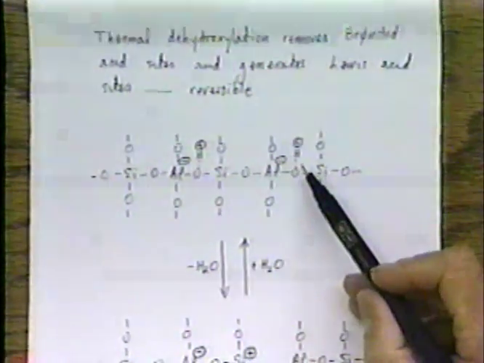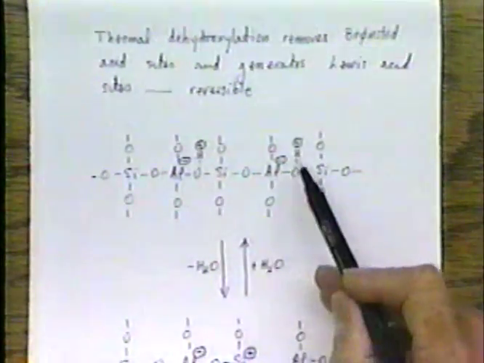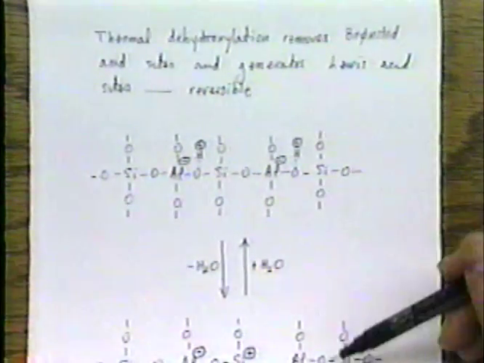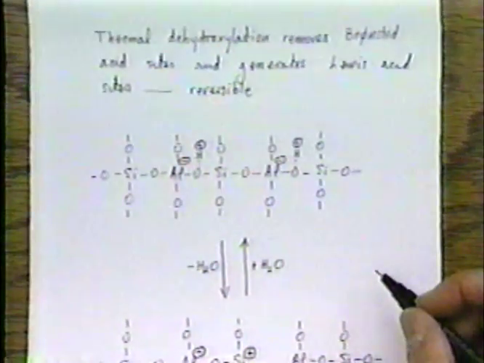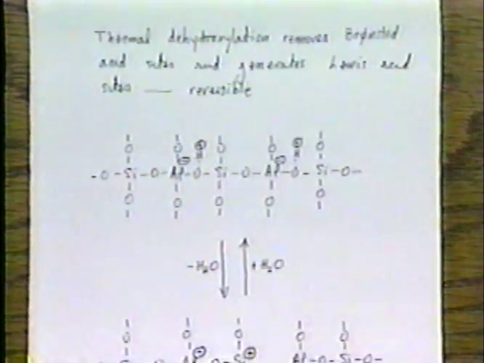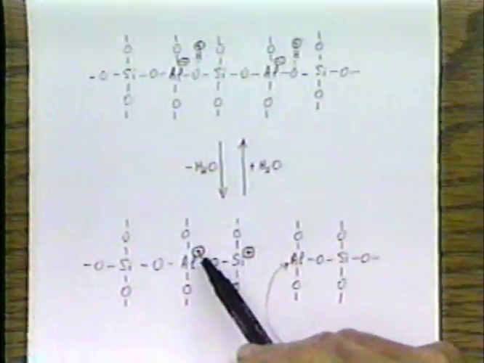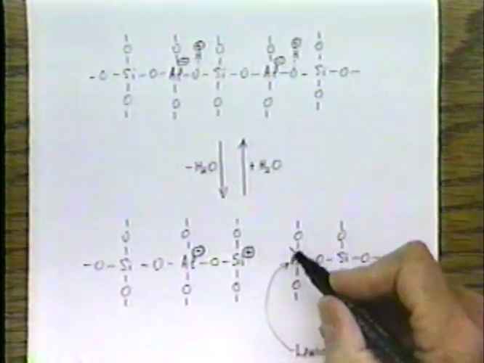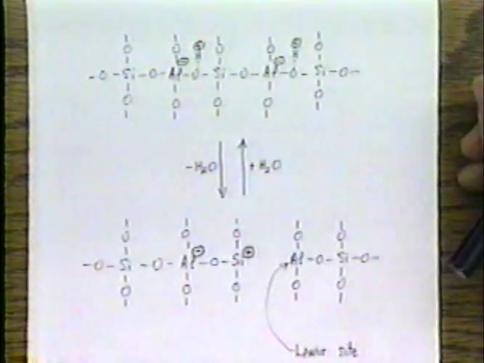It splits water out by, in effect, reactions between these quasi-hydroxyl groups, between the OH groups, and generates a Lewis acid, and this diagram here shows one possible scheme as to how Lewis acidity is generated. In fact, you have to rupture the structure. You get internal charge compensation here and generates a Lewis acid in which you've got an unfilled coordinated position on one of the aluminium atoms.